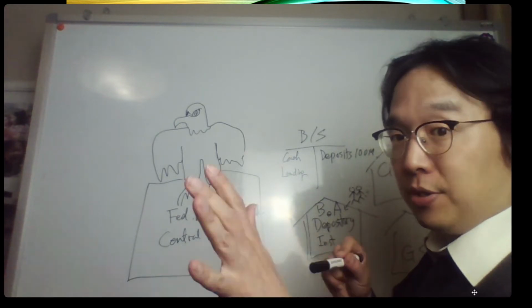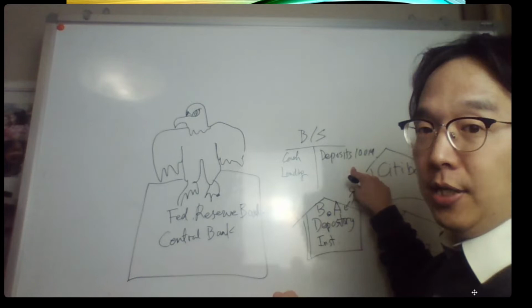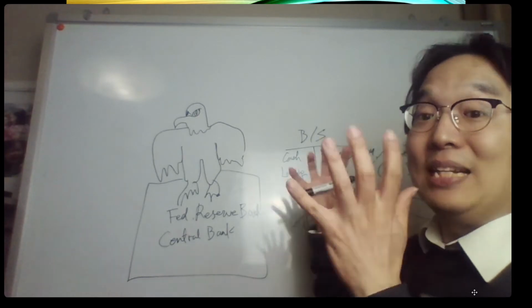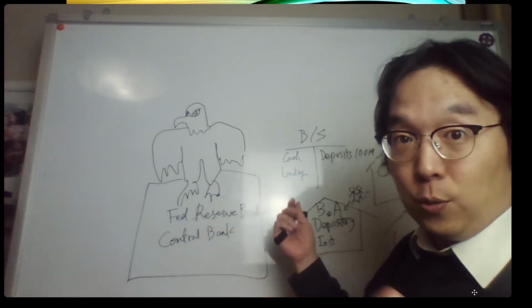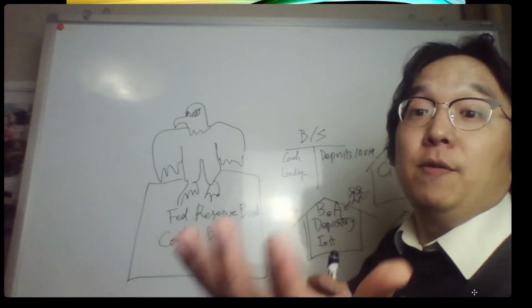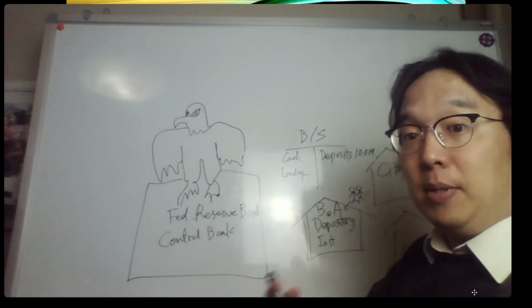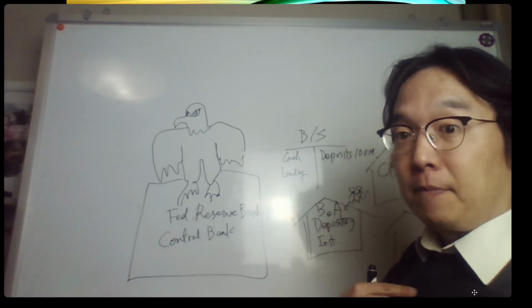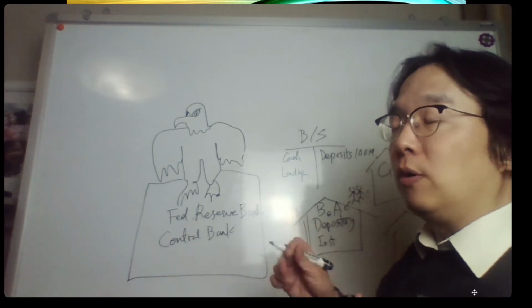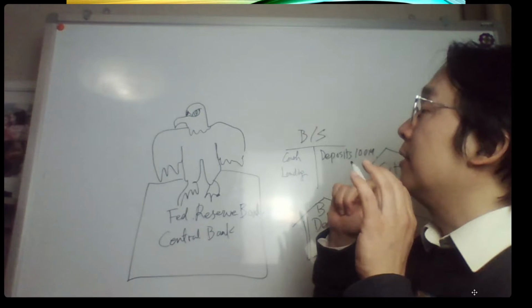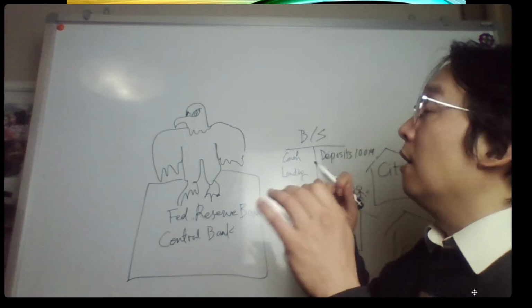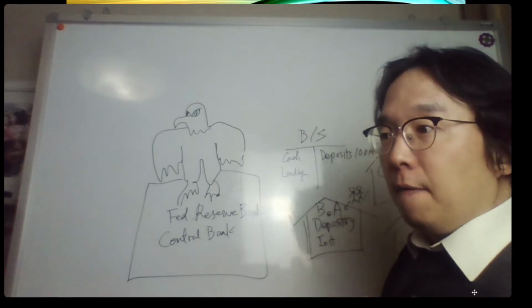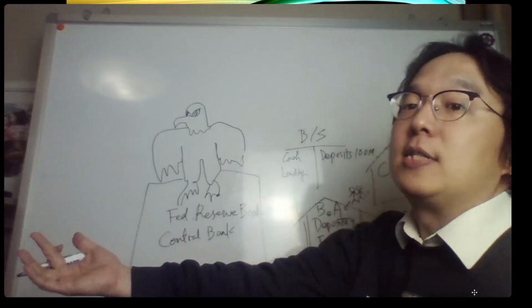By the way, the first question is why this deposit is recognized as a liability. From an individual's perspective, for someone like you and me, my deposit is my asset. But from the banker's perspective, this is their liability.